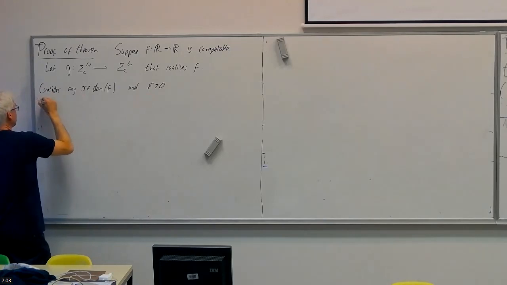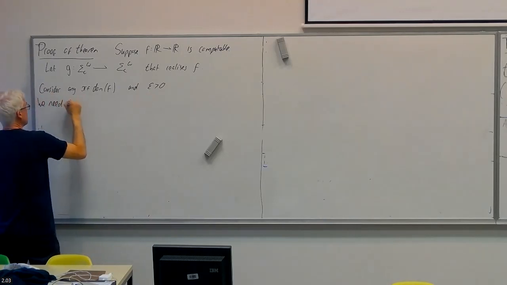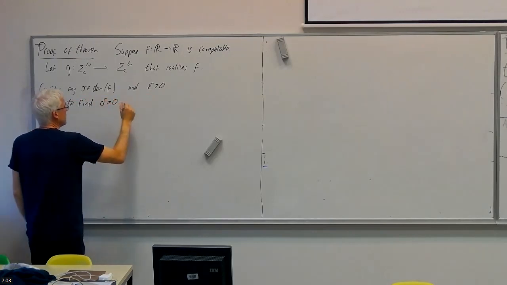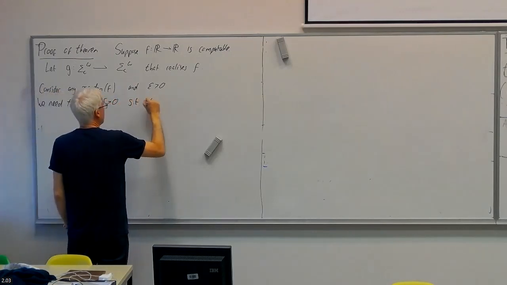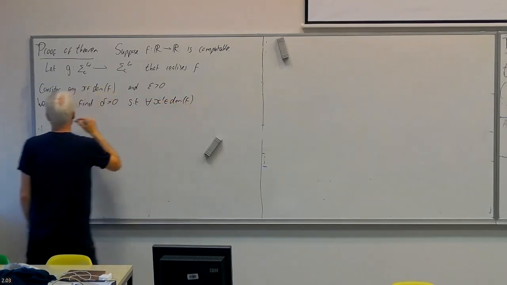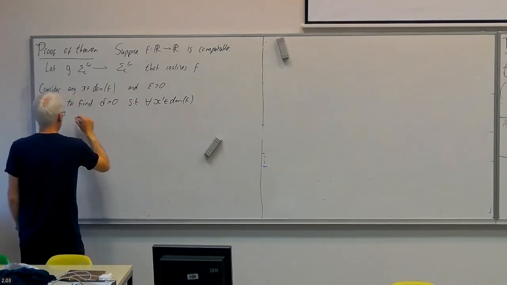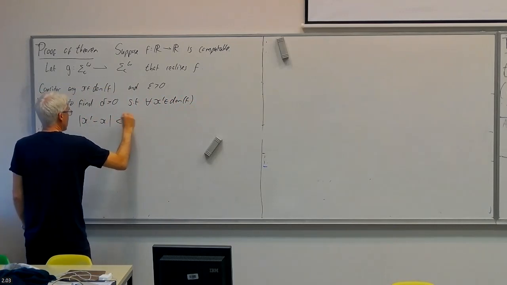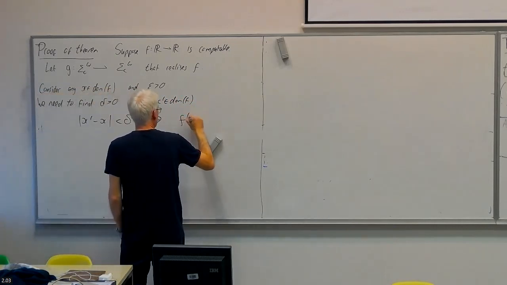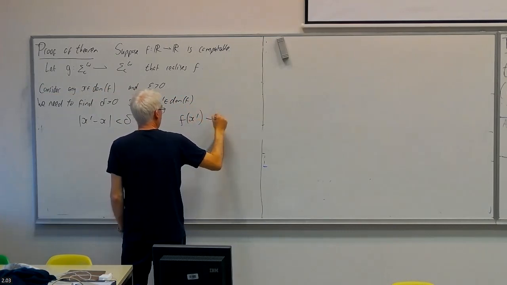So we need to find delta greater than 0 such that for all x prime in the domain of f, if x prime is within delta of x, then f of x prime is within epsilon of f of x.